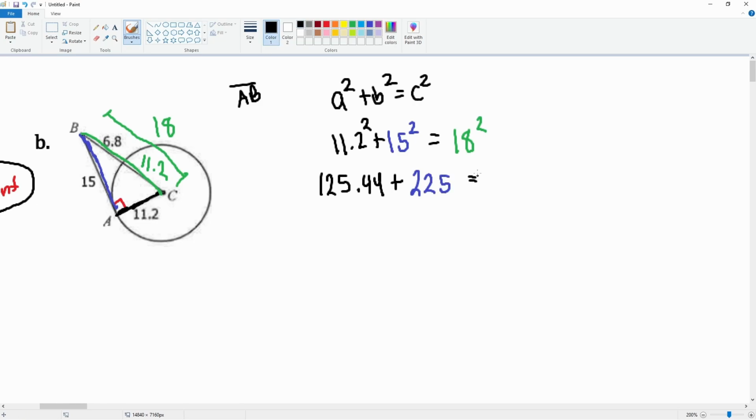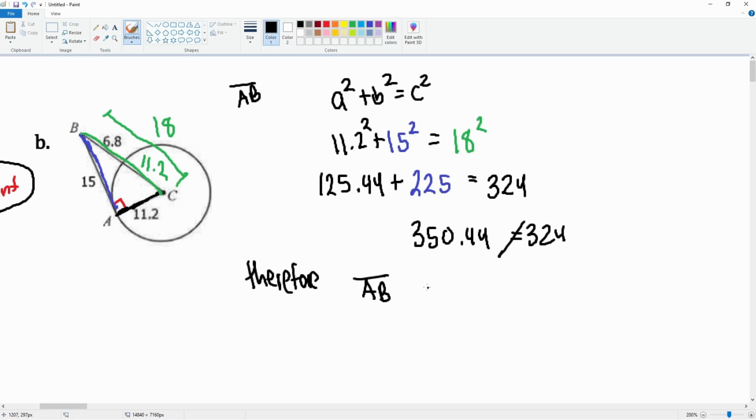And that's going to be equal to 18 squared, which is 324. 125.44 plus 225 is 350.44, which is not equal to 324. This is not true. Therefore, we can say that line AB is not tangent. Okay? So there you go.